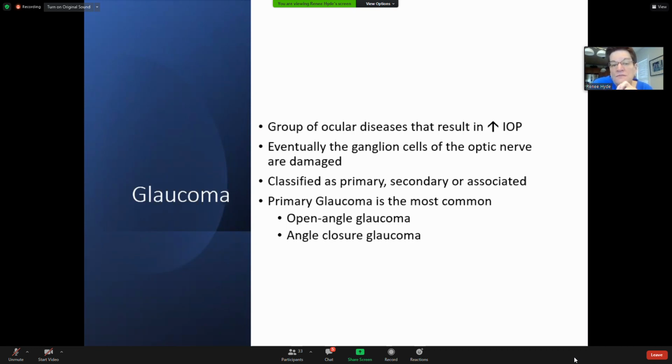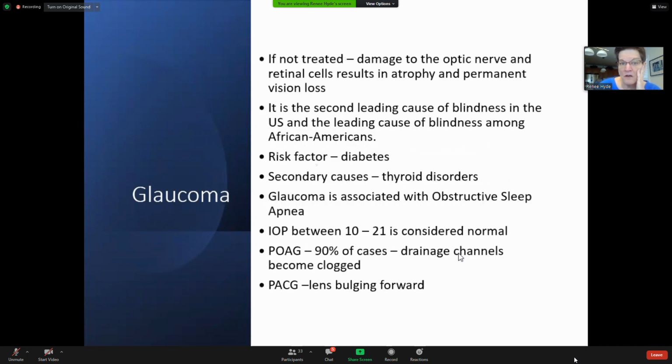And there are 2 types of that, open angle glaucoma and angle closure glaucoma. If that pressure is not relieved or not treated, there's damage to that optic nerve that can result in permanent vision loss. Glaucoma is the second leading cause of blindness in the United States. It's the leading cause of blindness among African Americans.